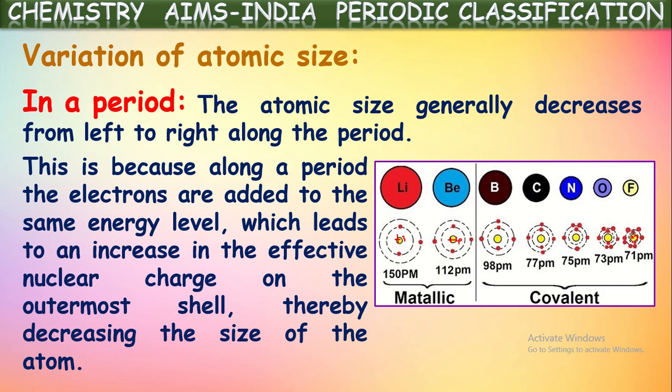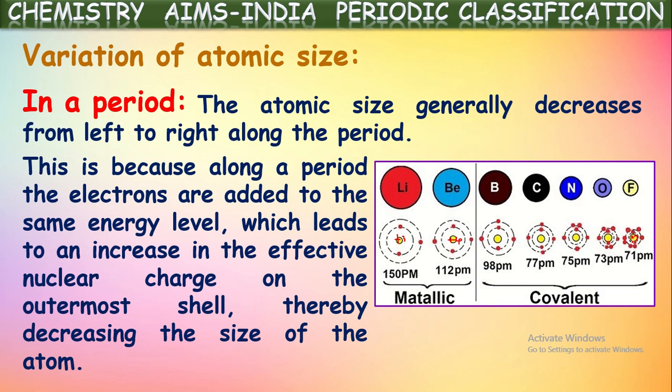Because of the increase in these two, the number of electrons in the outermost shell and the nuclear charge, the effective attraction between them increases, and hence the outer shell comes a little closer to the nucleus. Then what happens? Size decreases. That's why we say in a period from left to right, atomic size decreases because of the greater nuclear force of attraction on the electron cloud.